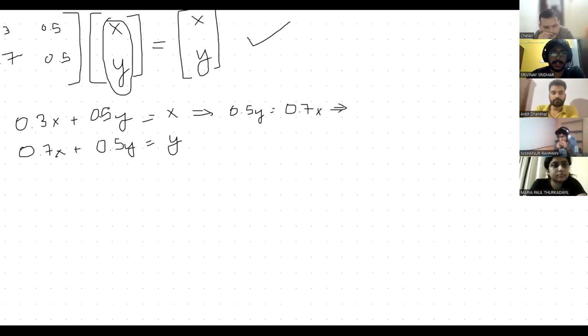He's taking 0.3x to the other side. So y is equal to 0.7 by 0.5 of x.